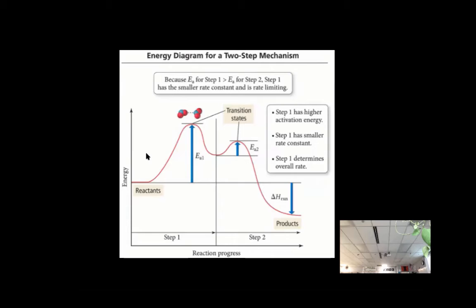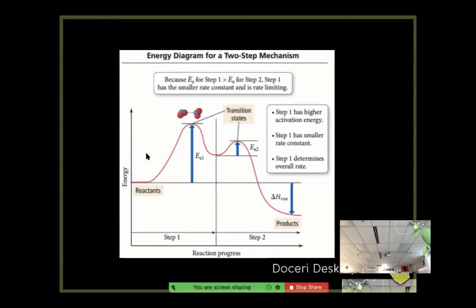We can also look at energy diagrams for these multi-step reactions. Every time you have a step, you have a new activation energy. There are a couple of things that could be asked about one of these diagrams. The first thing to notice is that the activation energy always goes from where the reactants are to the top of the activation energy barrier.